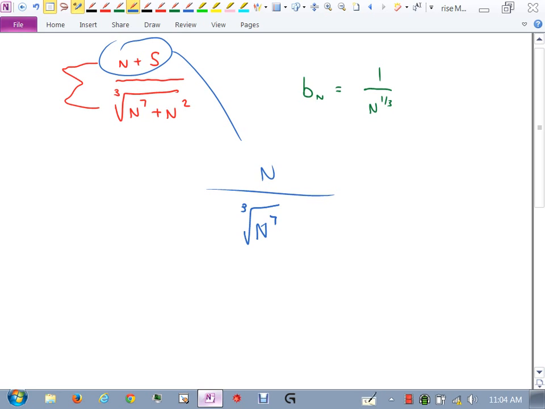Now, I'd have to figure out what this is. I'd have to rewrite this as n over n to the 7/3, rewrite it in rational exponent form, and then rewrite that as what? N to the 1 minus 7/3.